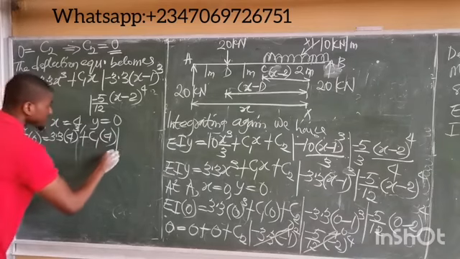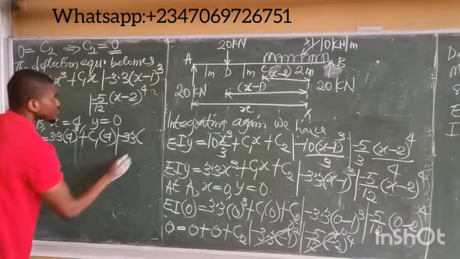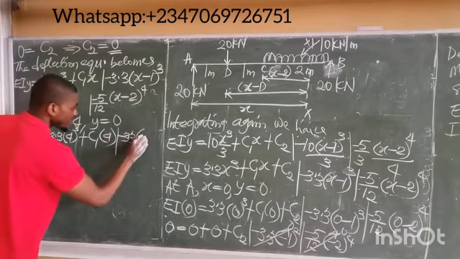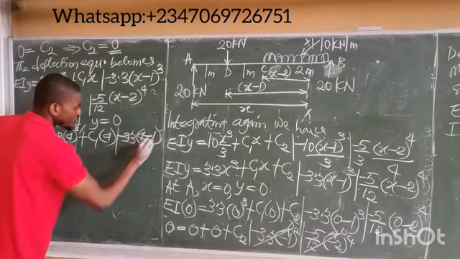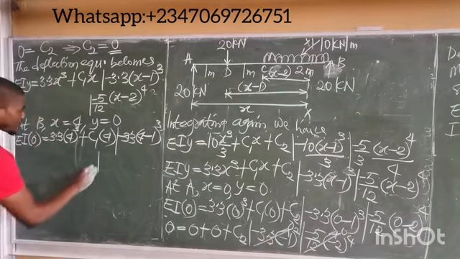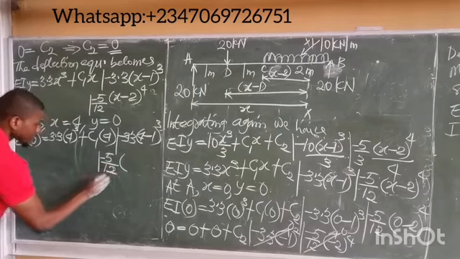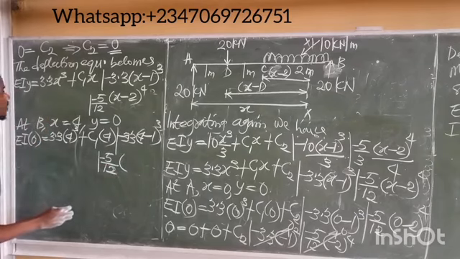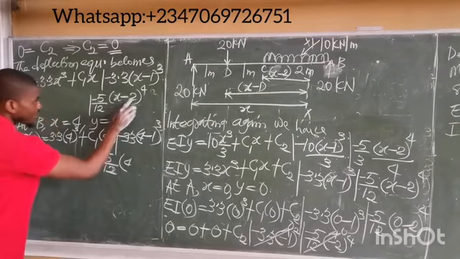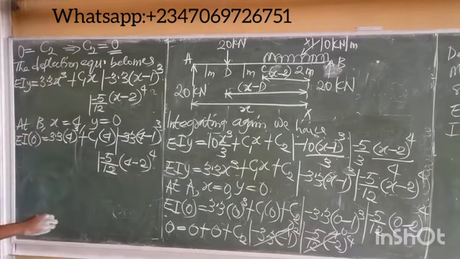Open your Macaulay's bracket. You have minus 3.3 into x, which is now 4, that's 4 minus 1 to the power of 3. Open your final Macaulay's bracket. We have minus 5 all over 12 into x, which is 4, so that's 4 minus 2 to the power of 4.